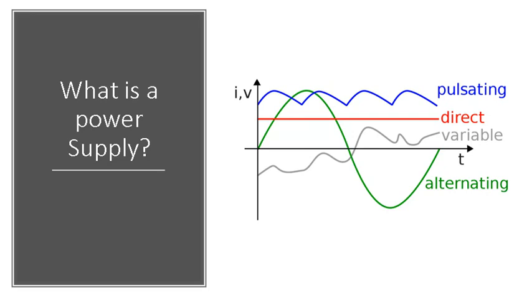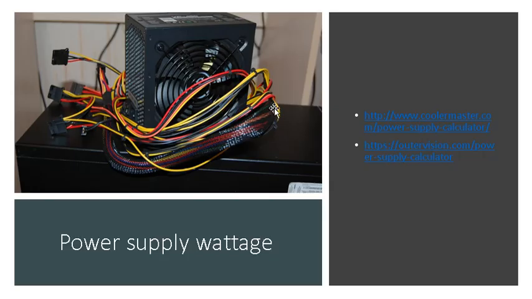So now how can you measure or calculate how much wattage your computer needs? One of the easiest ways to do that is to search in Google for a power supply calculator, or you can go to the Cooler Master website, which has a power supply calculator section.